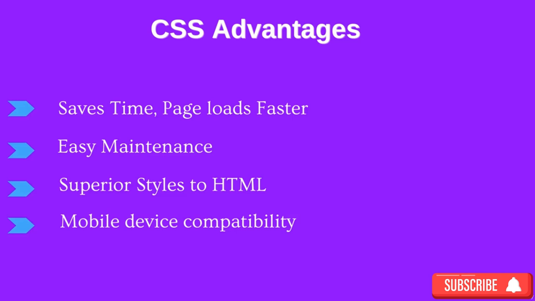Easy maintenance. Since all these styles are defined in a single document, if I want to make some changes in my website appearance, I can do that by changing a single document and all the changes will be reflected in all the web pages in my website. Superior styles to HTML. Some of the tags actually don't contain enough styles for the appearance.